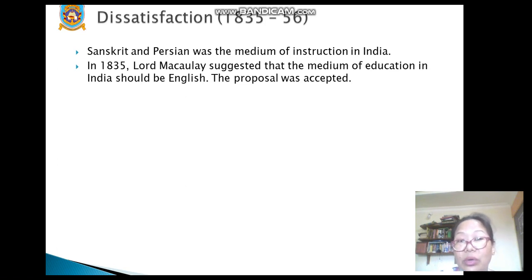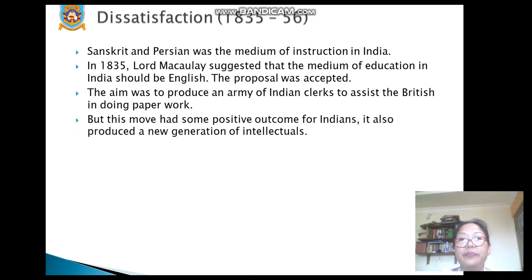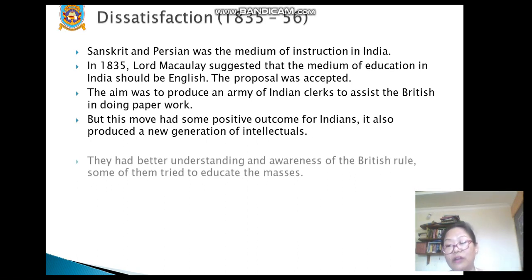Now there was a big motive behind it. Their aim was to produce an army of Indian clerks to assist the British in doing their paper work. This was the motive. But this move had some positive outcome for Indians. It also produced a generation of intellectuals.